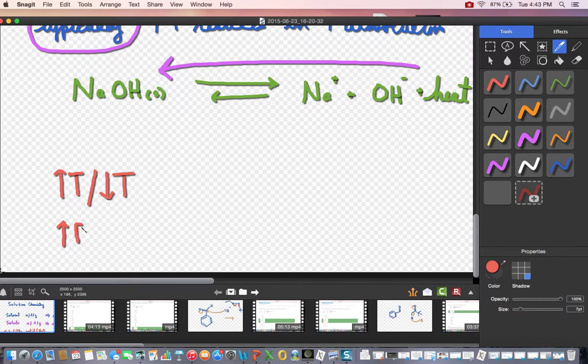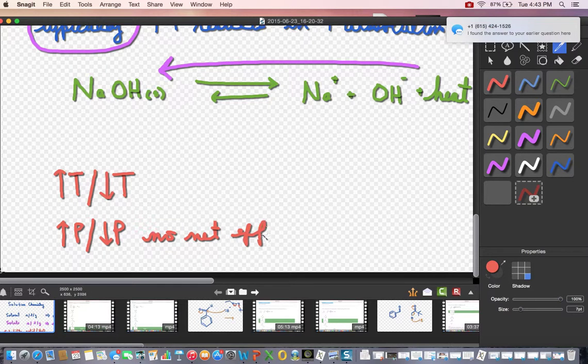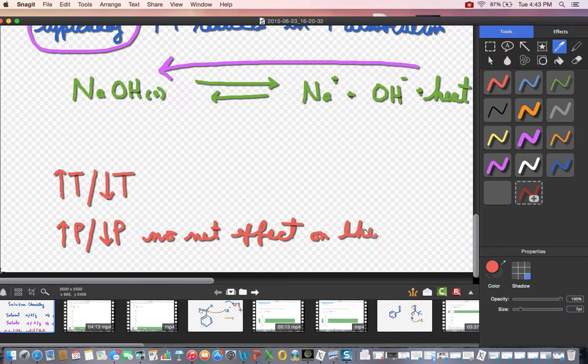Increasing or decreasing pressure has no net effect on the solubility of a solid in a liquid. So pressure does not have an effect, temperature does have an effect.